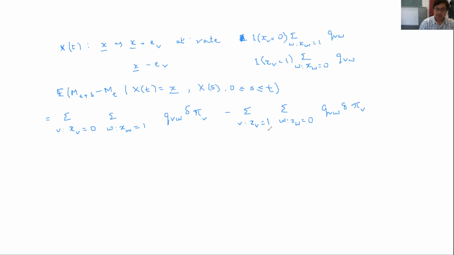Okay, so this is the change in value of the martingale over a small time interval delta. And let me also put in the plus little o of delta for completeness. So that's to be ignored.